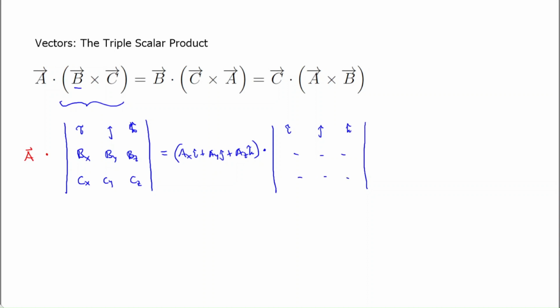I'm not going to write the rest because, well, you'll see why in a minute. As far as this dot product is concerned, all we need are the I, J, K at the top.